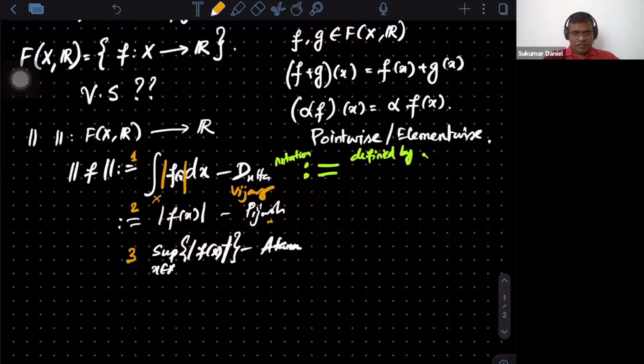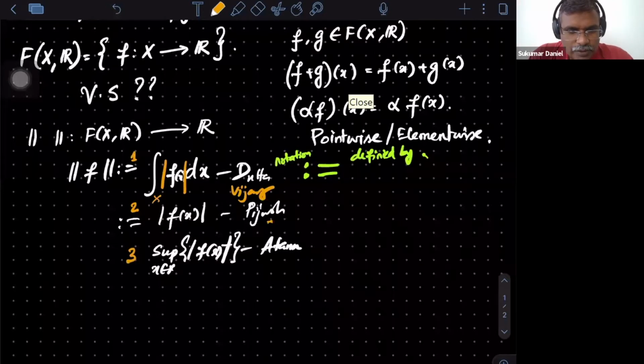Sugita says none. Mohan says the third one. Bhumi none. Jayant says 1. Anish says none. Jain says 1 and 3. Ritesh says 1. Sujana says 1 and 3. 3 and 1 with mod, the mod of the integral of f. Prachi says that.